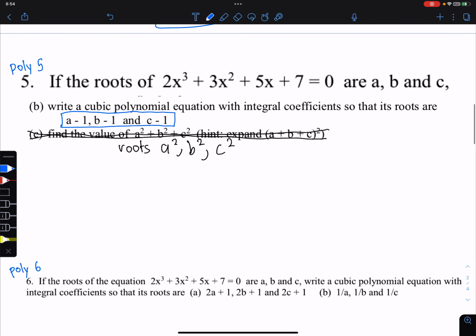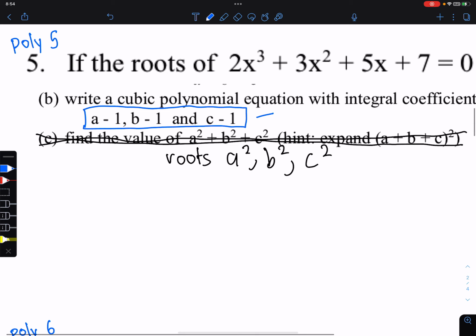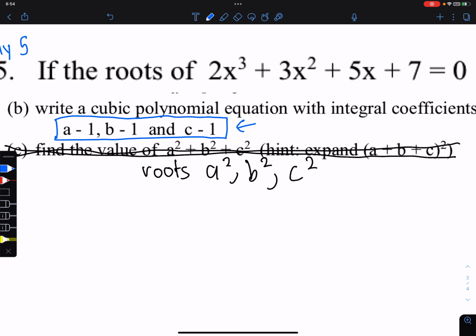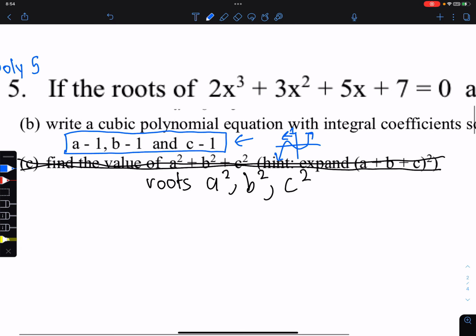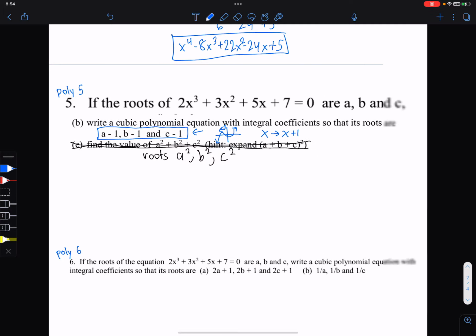So a minus 1, b minus 1, c minus 1: if you think about that, the roots were all just moved 1 to the left, right? And so that's a translation of 1 to the left. And so we plug in x plus 1. We do the translation x to x plus 1, okay?